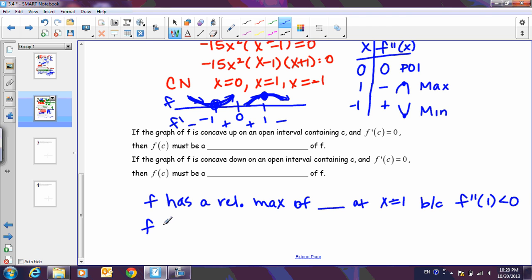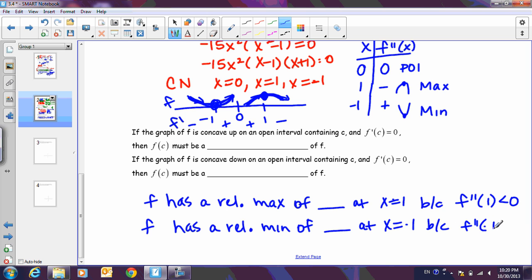Okay? Likewise, f has a relative min of, again, I'm going to have to go back to figure that exact value, at x equals -1 because f double prime of -1 is greater than 0.